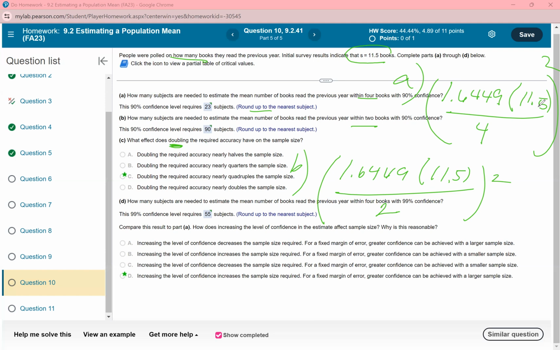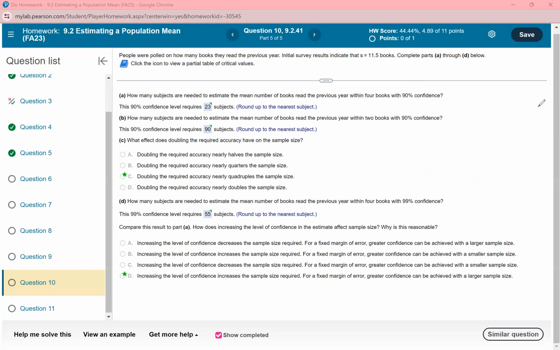Then it says, how many subjects are needed to estimate the mean number of books read the previous year within 4 books with 99% confidence? I don't like that they are so heavy on these parts right here.